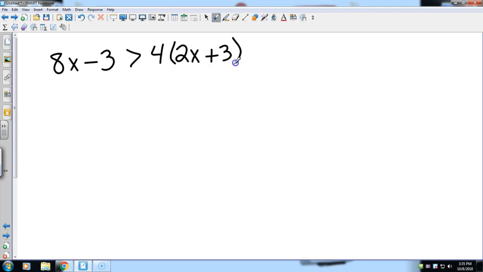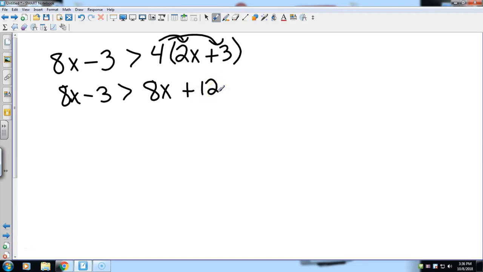So we've got a lot of stuff going on here. Nothing I can do on the left-hand side, but on the right-hand side, notice I do have some distributive property that I can do. So I'm going to bring down that 8x minus 3. And now I'm going to do that distributive property. 4 times 2x gives me 8x. And 4 times positive 3 gives me positive 12.